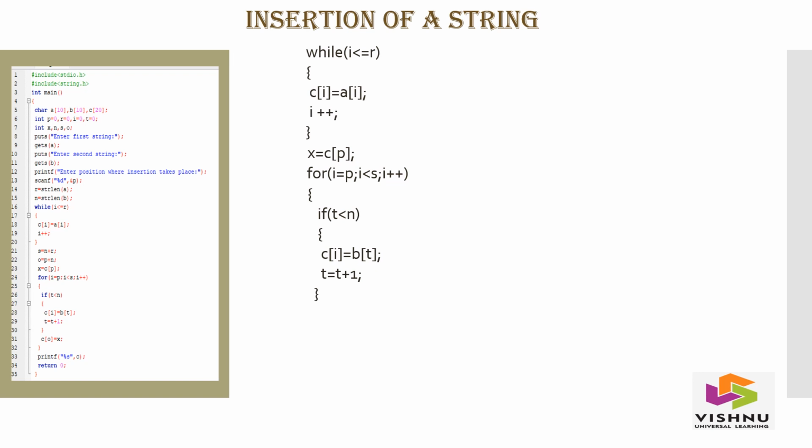Here we have taken the if condition as t less than n, where t is an unknown variable which we initialize as 0 at initialization, and n equal to string length of B. Here in this if loop, we have written that C of I equal to B of t.